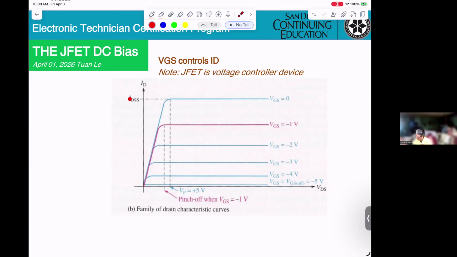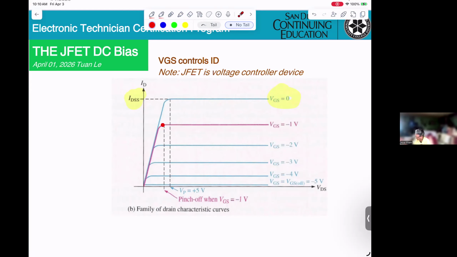At this point ID equals IDSS, and VGS equals 0. That tells you if ID equals IDSS, VGS will be equal to 0.